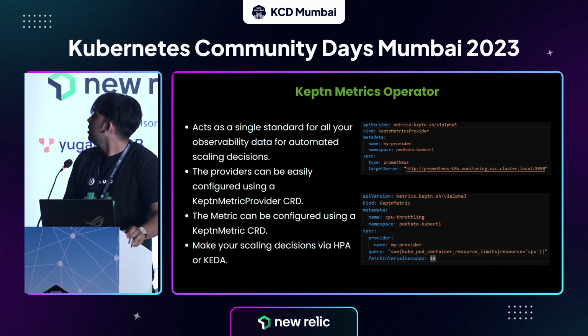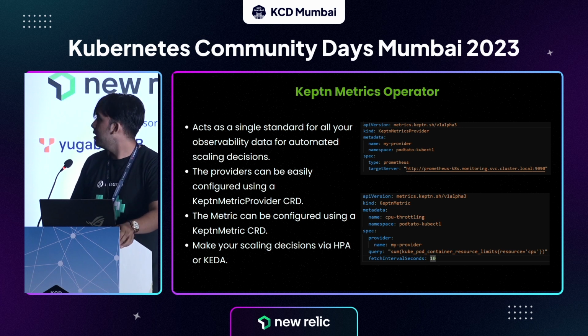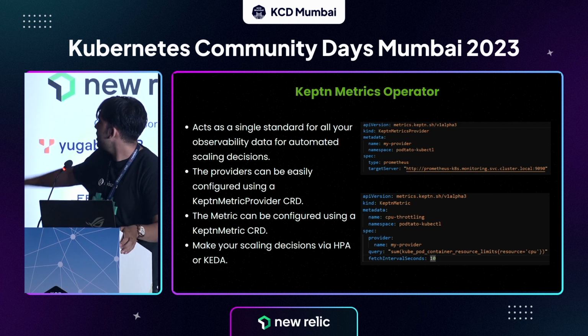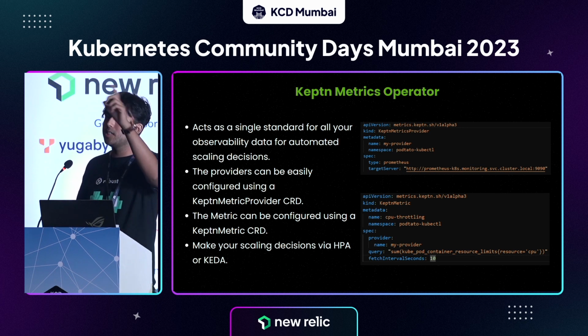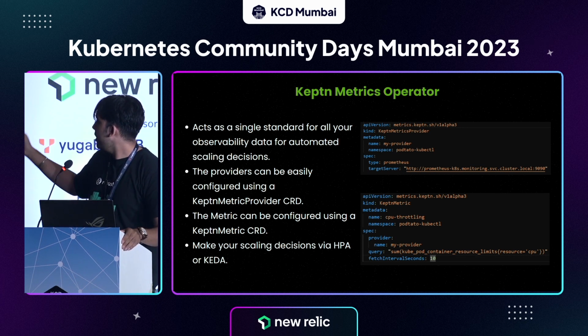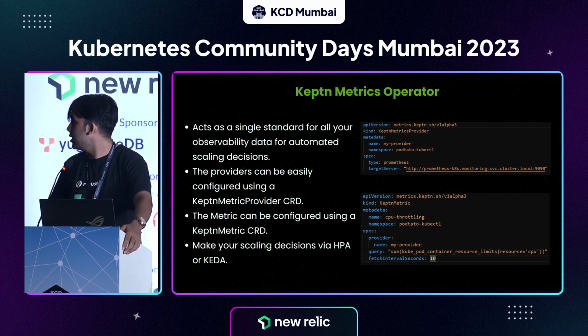What you need to do is just define a metrics provider. It is a CRD. Keptn Metrics Provider acts as a CRD you need to define. As you can see, the first one is a Keptn Metrics Provider. We have defined Prometheus and the target server that Prometheus is deployed on. A simple namespace, which should be the one where your application is running.